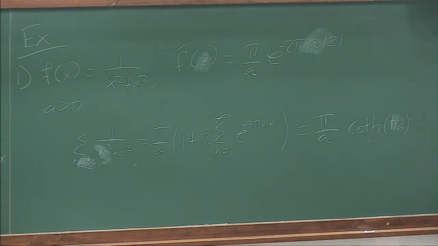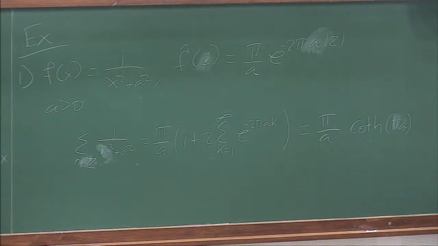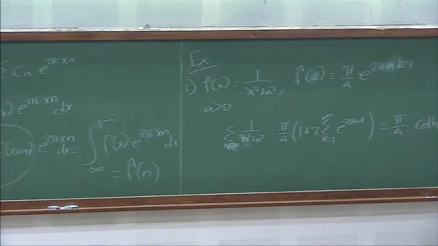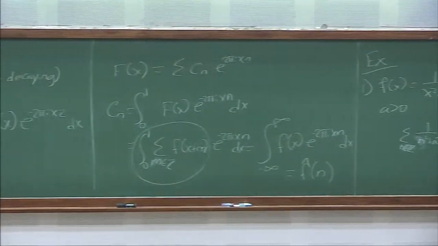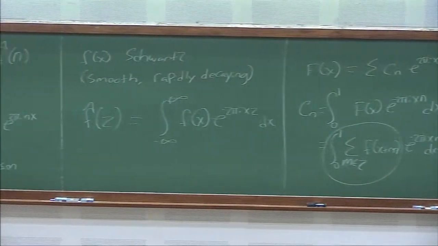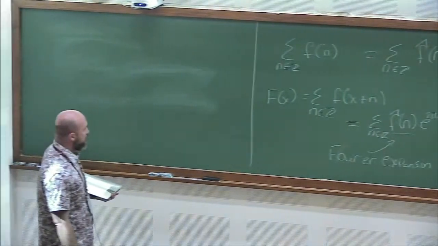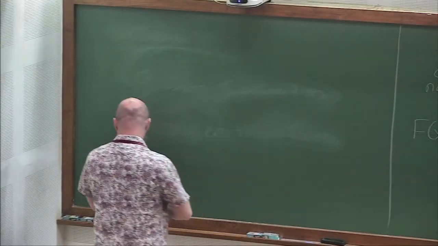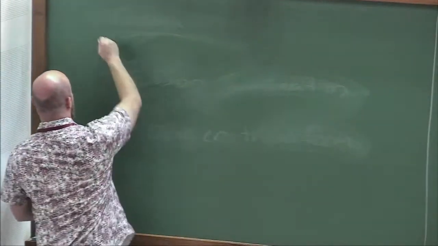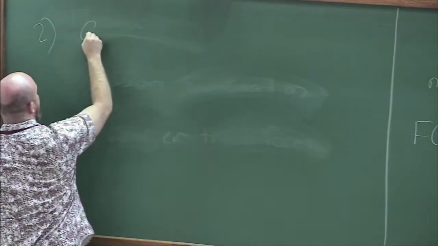Good. Now the next one is very important. It will lead us to theta functions and further on to pretty much everything that we're going to do today. This is based on the Gaussian function.